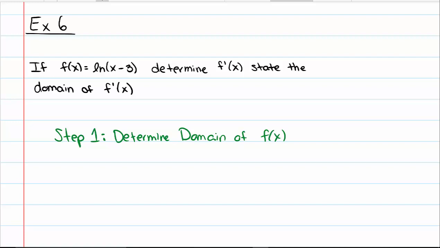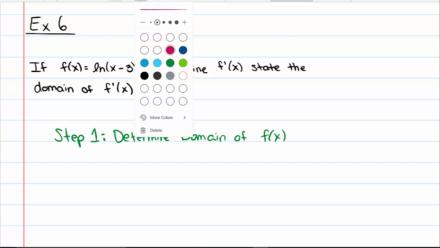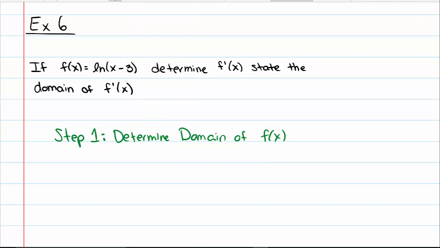So we have that f of x is equal to ln of x minus 3, and we all know that you can never take ln of a negative number, so the domain for this is going to be x such that x is strictly greater than 3.